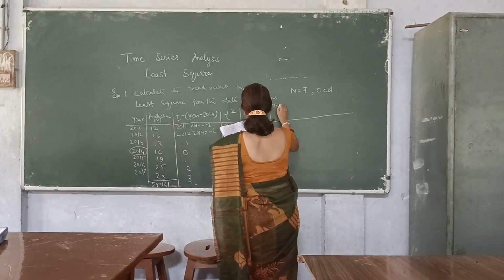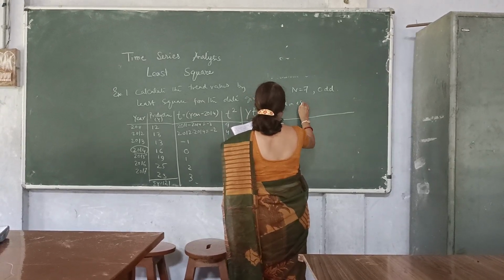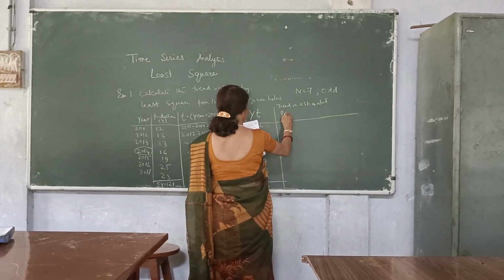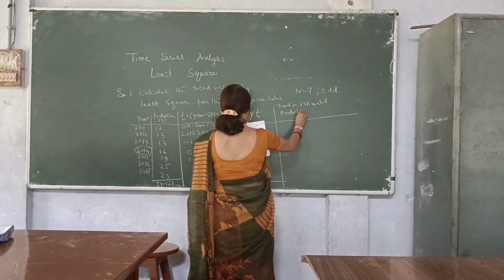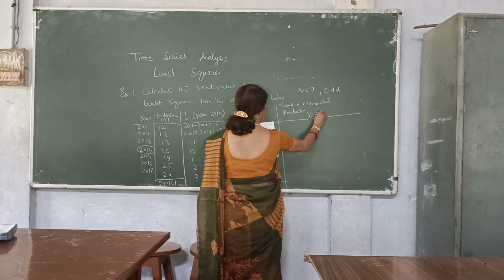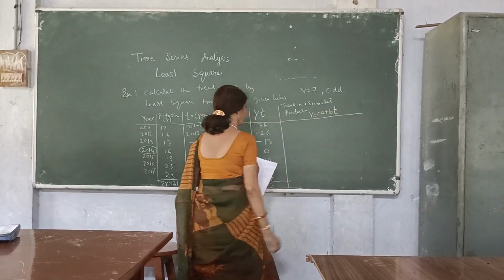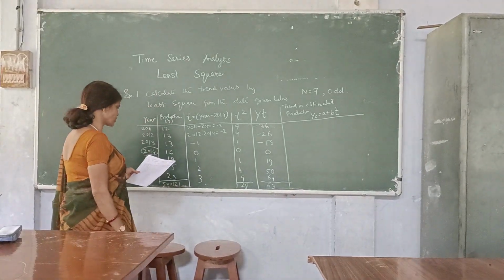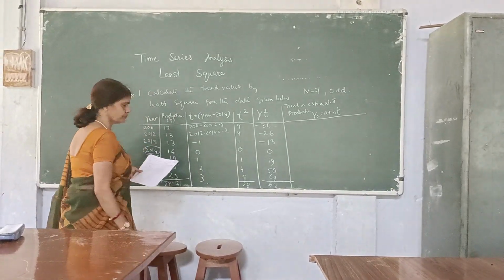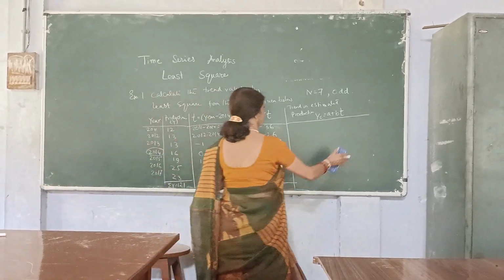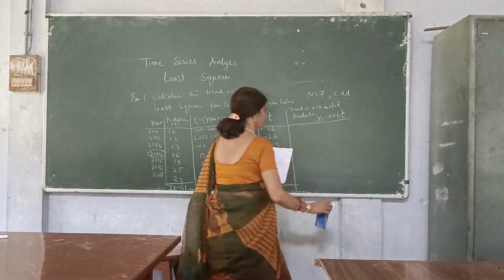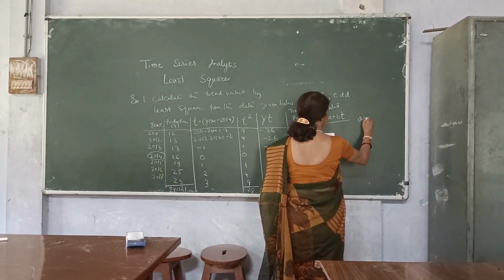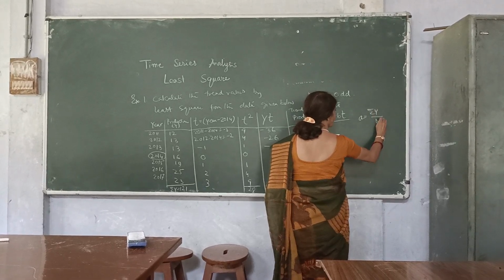So trend in estimated production yc equal to a plus bt. Now a equal to how much it is? We know a equal to summation of y by n.